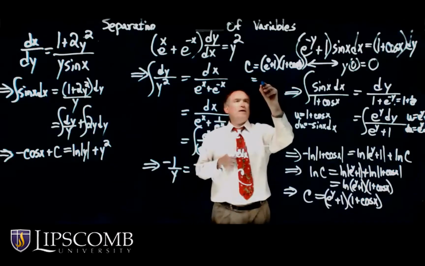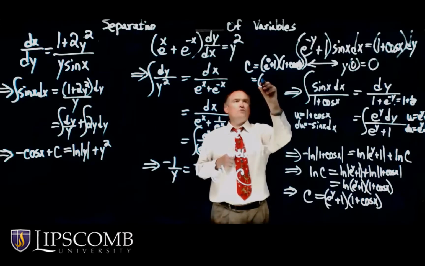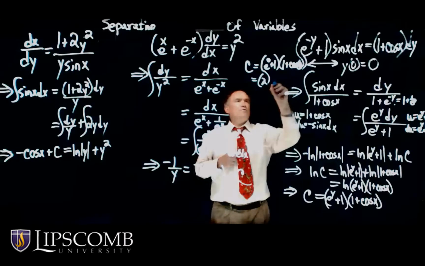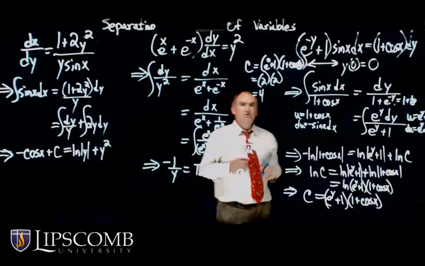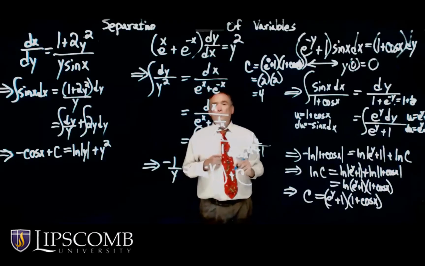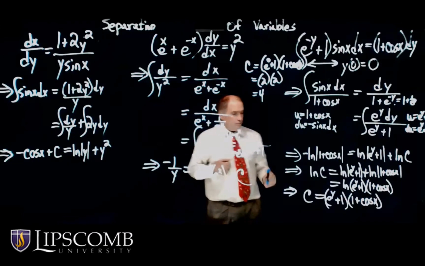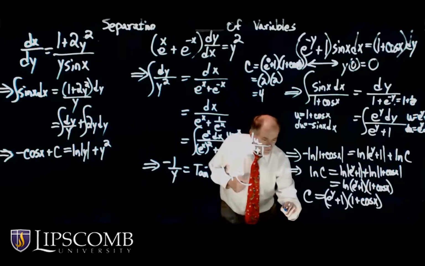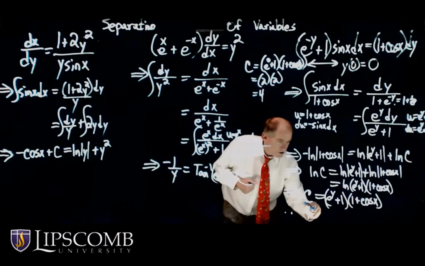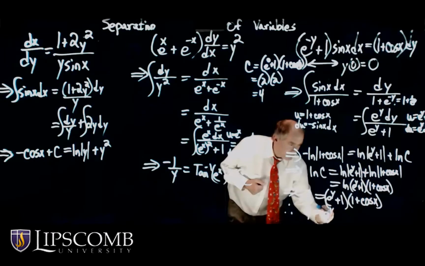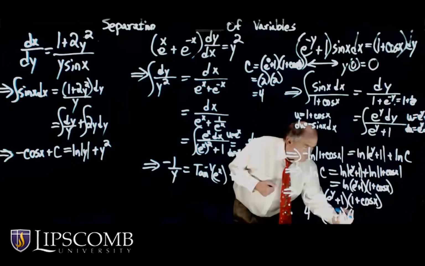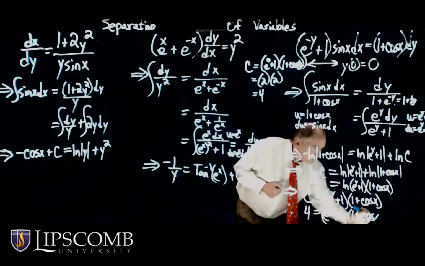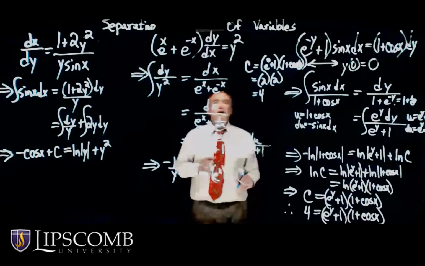So what do I get here? e to the 0 is 1, so I get 2 times 2, so that's 4. c equal to 4 here. So my solution, therefore, is 4 equal to e to the y plus 1 times 1 plus cosine of x.